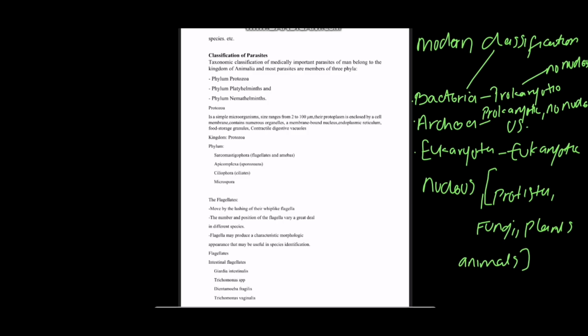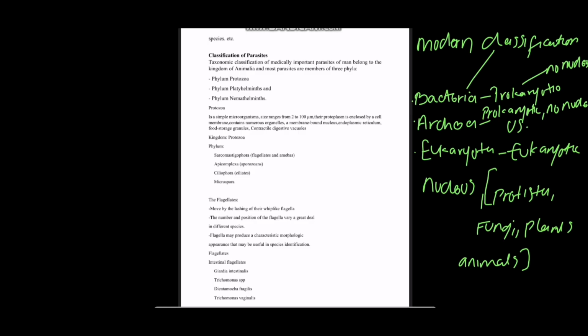That is the modern classification of organisms. It's divided into 3: the bacteria, the archaea, the eukaryota. The bacteria are prokaryotic, and prokaryotes have no true nucleus. Their DNA is not enclosed in a nucleus.